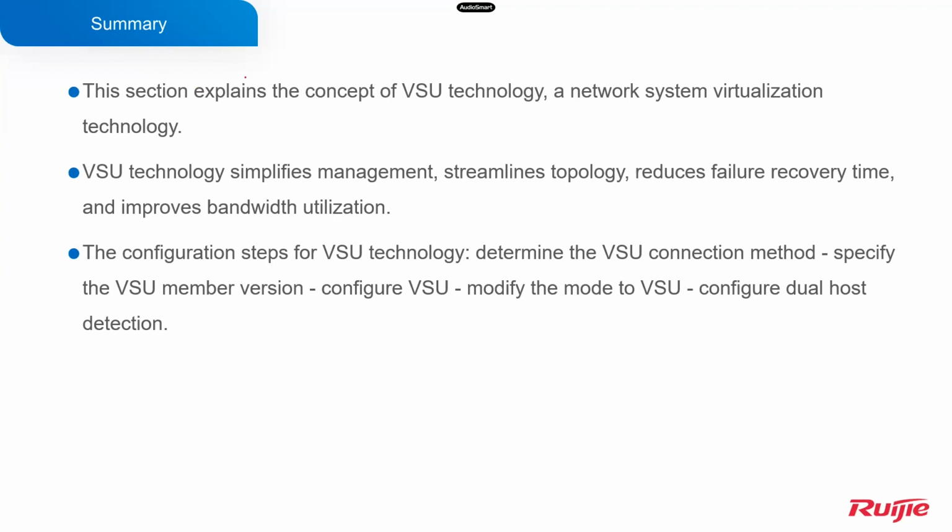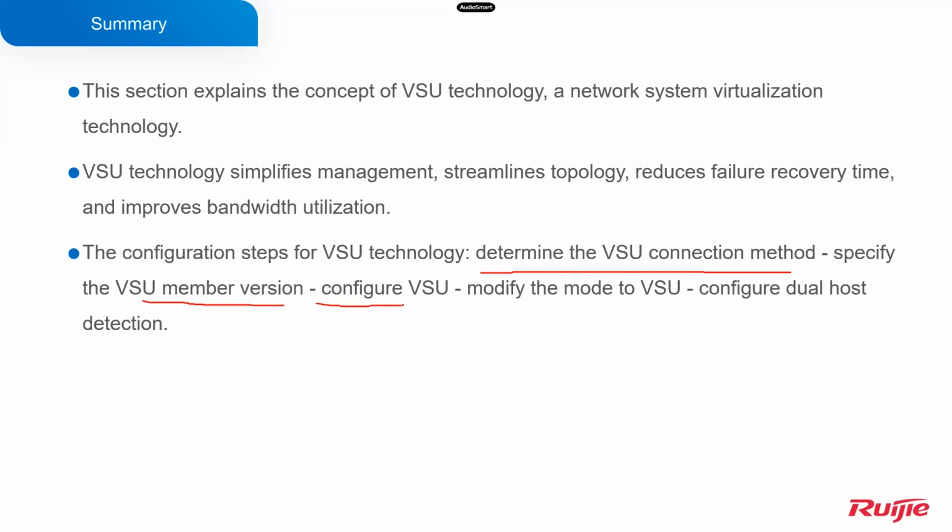And if you want to do the configuration for VSU, here are some steps. First, you have to determine which VSU connection methods to use, including the VSL and also BFD. And you have to make sure the version of your VSU network devices is the same.